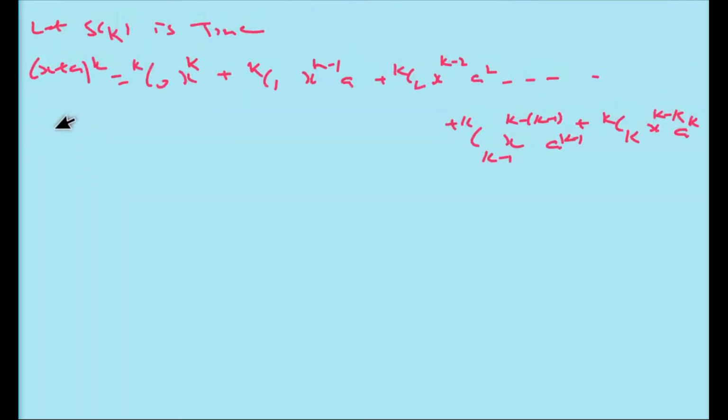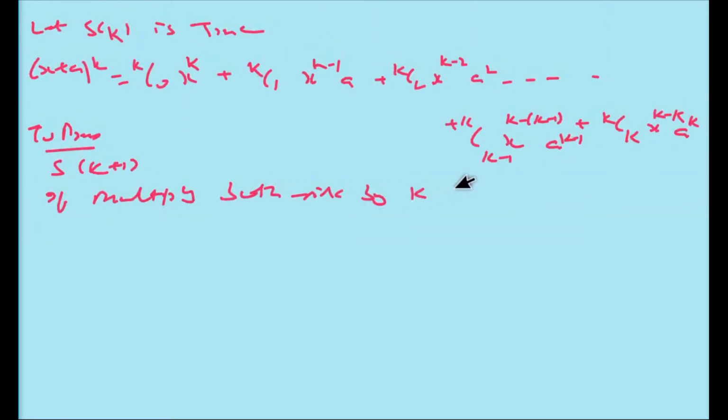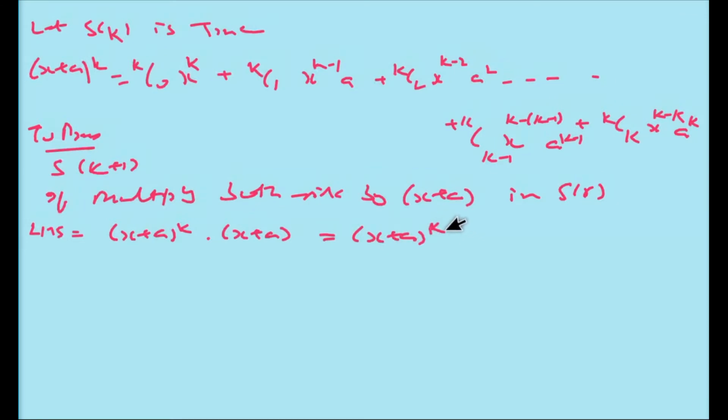Now we have to prove for S(k plus 1). So we can see if we multiply both sides by x plus a, then on the LHS we get (x plus a) to the power k into (x plus a), which gives (x plus a) to the power k plus 1.